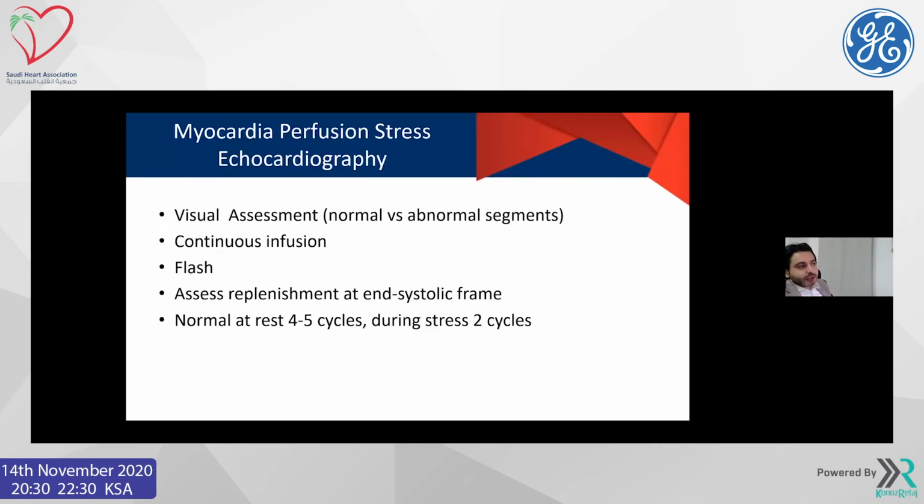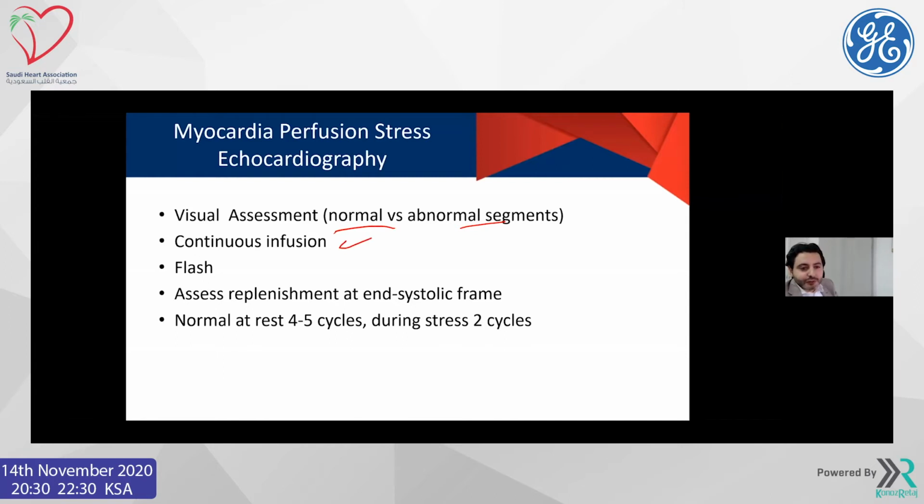I'll speak also about myocardial perfusion stress echocardiography. This is an off-label use. I will just brief you and orient you about that. It is usually a visual assessment, either normal versus abnormal segment. You compare the normal segment contrast uptake versus the abnormal segment. It has to be a continuous infusion of contrast.